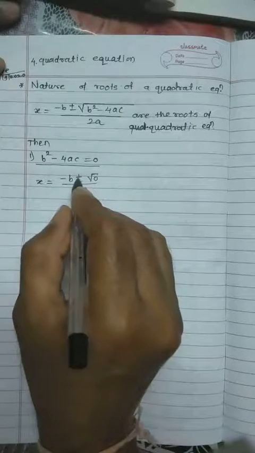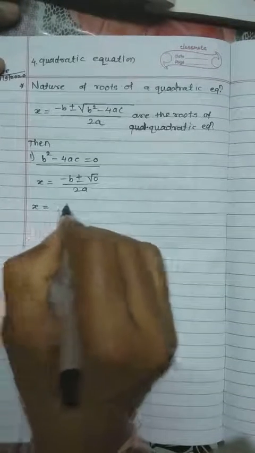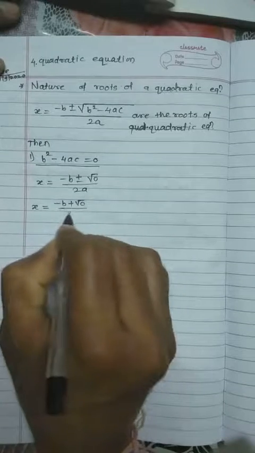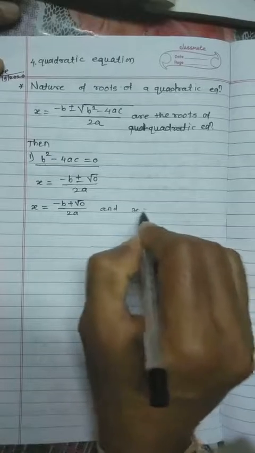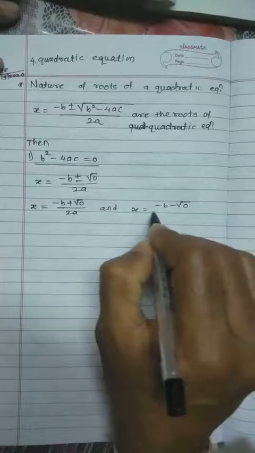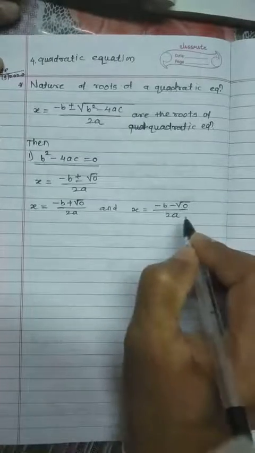But this value, 0, is neither positive nor negative, so the sign is ignored. So x is equal to minus b plus 0 upon 2a, and x is equal to minus b minus 0 upon 2a.